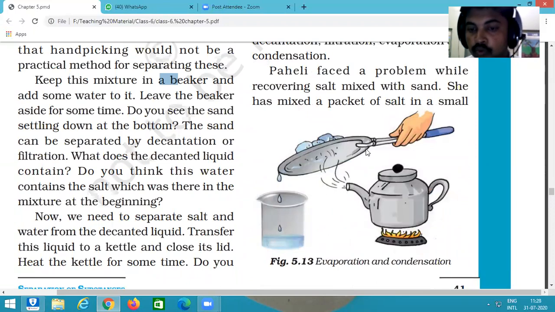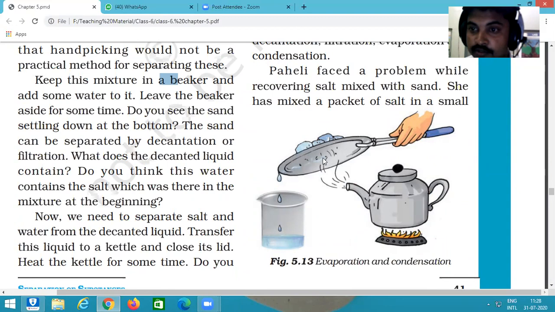And here is a metal plate. On the metal plate the vapor is collected, and when we put some ice on this metal plate, we see the collected vapor convert into water droplets.